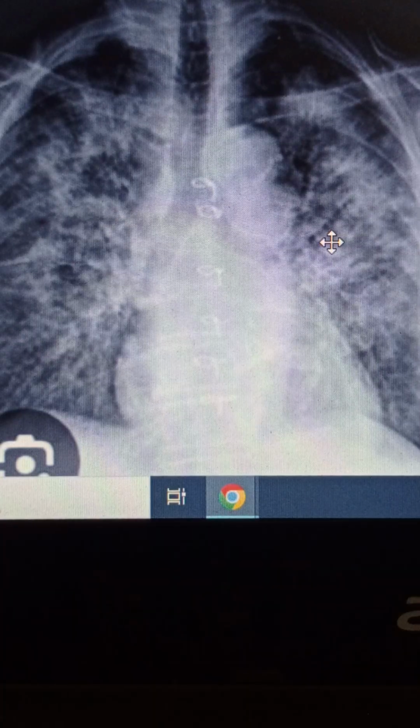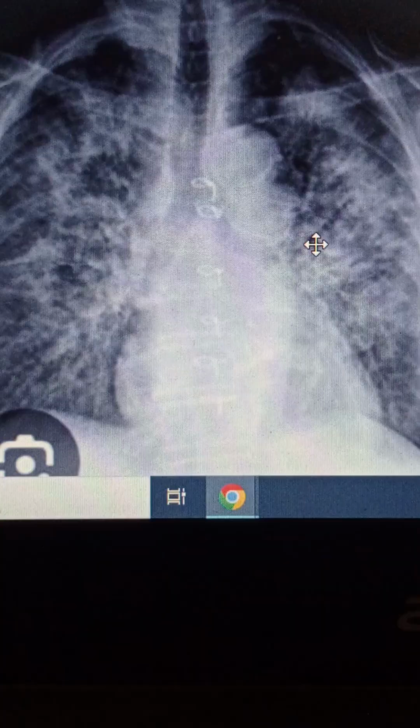For example, if a patient has heart failure, mostly left-sided heart failure, it results in pulmonary edema. In lung pathology, it can be due to RDS, respiratory distress syndrome, or sepsis, which is also one of the common causes for pulmonary edema, and pneumonia can also cause pulmonary edema.